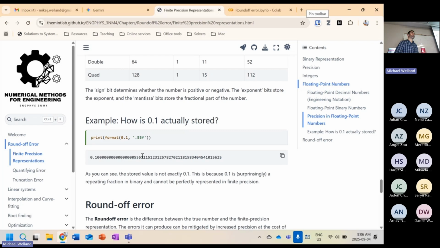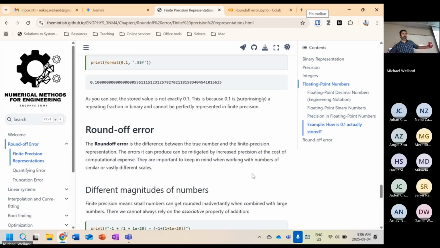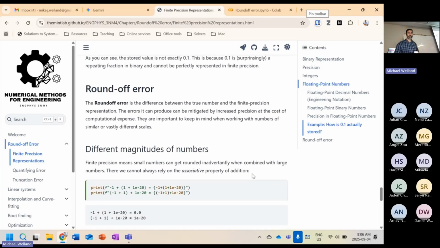And you can see that when you give the computer the number 0.1, because of that round off error, when you convert it back to decimal, you actually get this, which is, again, a little bit funny.